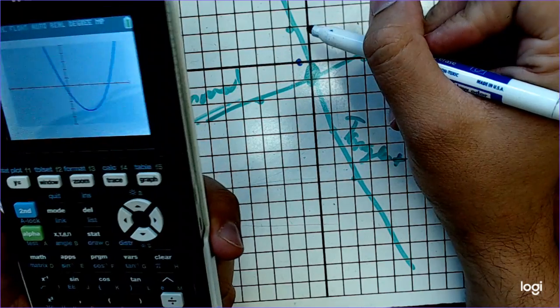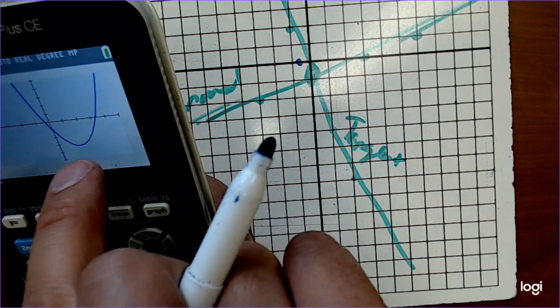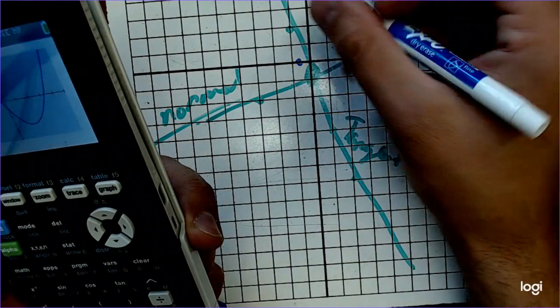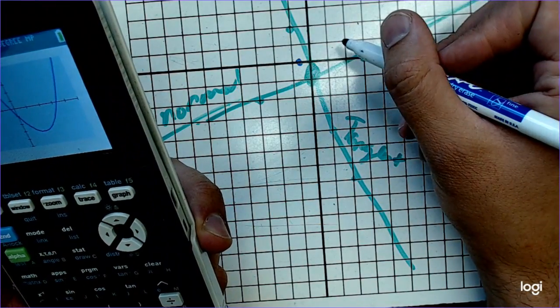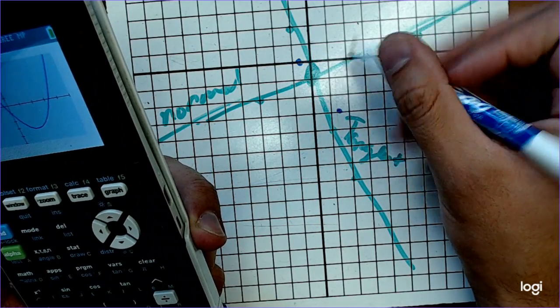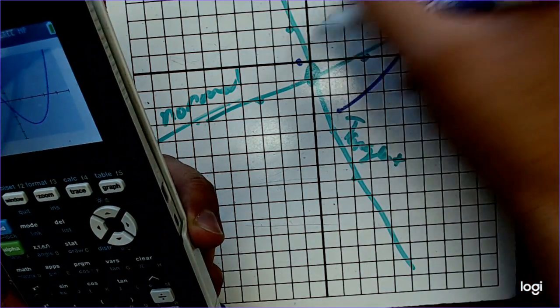Got my curve going that way. It looks like it bottoms out right in between -3 and -4, maybe right at -3. I don't know, hard to say. Looks like it's right around here and here-ish. That's where my curve bottoms out, and then it turns back up.